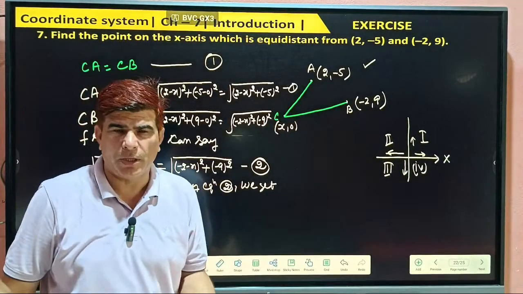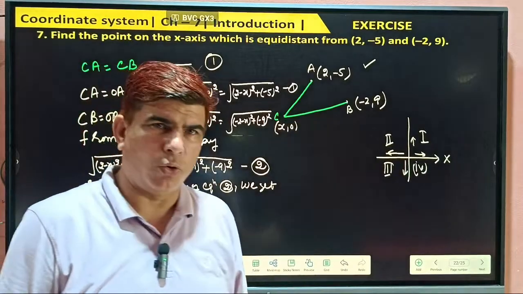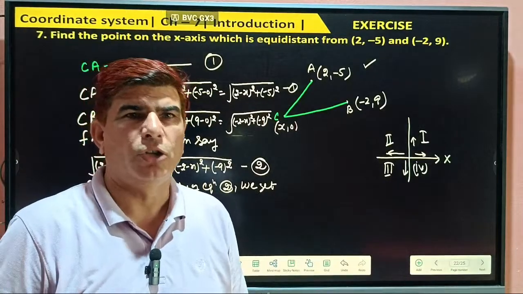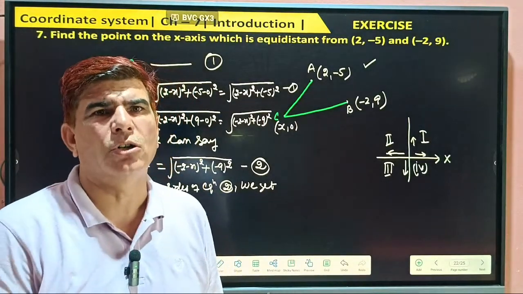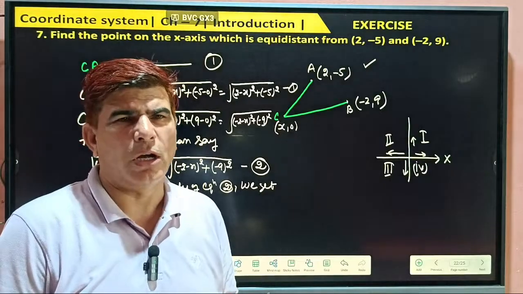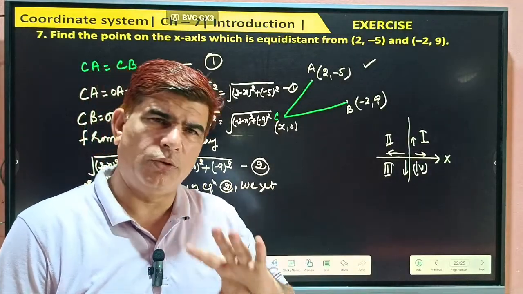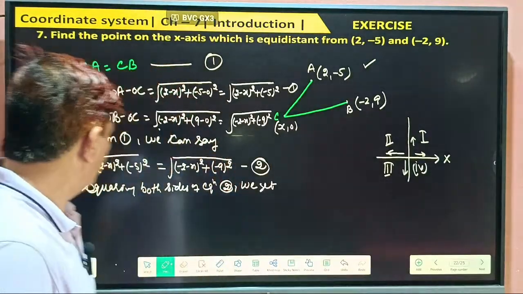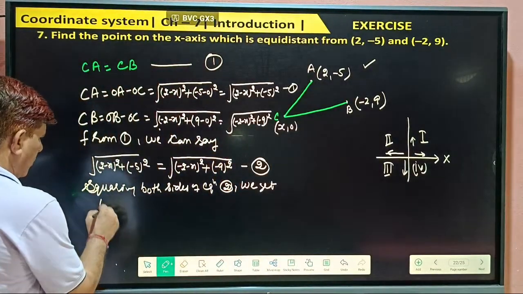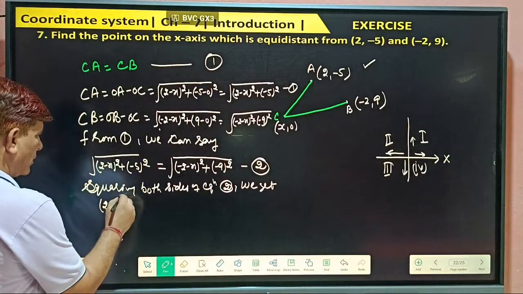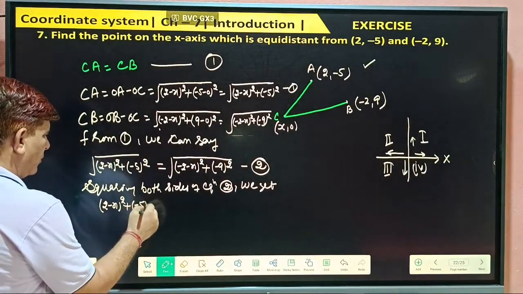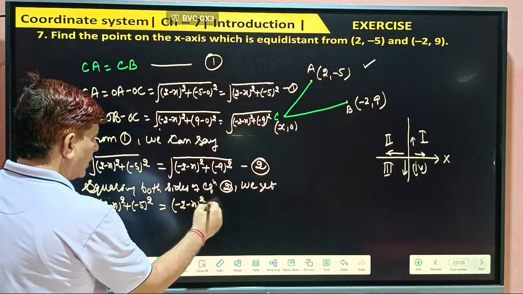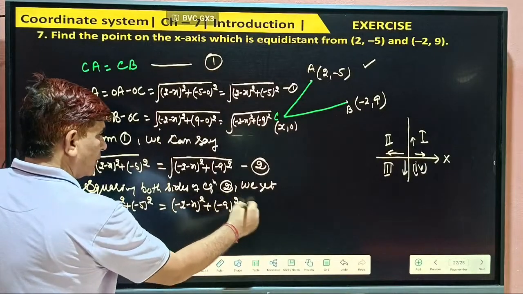A question coming from this exercise may ask you to prove that these points are collinear or not, or prove that it is a square or not. But if you know how to find coordinates and the distance formula, then any type of question you can solve easily. So (2 minus x) whole square plus (-5) whole square is equal to (-2 minus x) whole square plus (-9) whole square.